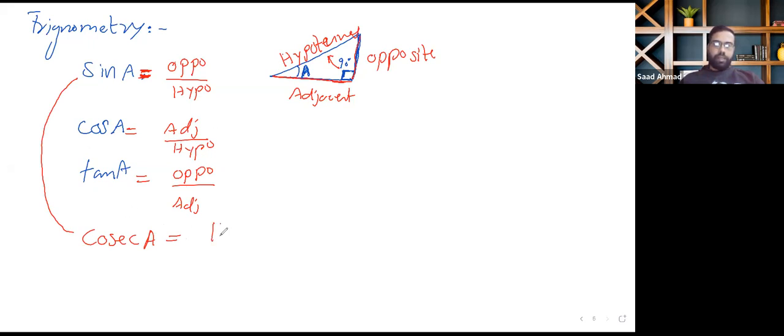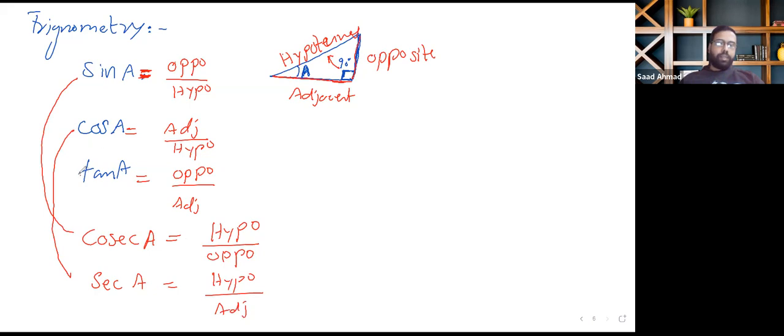So that is hypotenuse over opposite. Then for cos, it's called secant, the reciprocal of that. That's hypotenuse over adjacent. And then there is another one called cot. That's adjacent over opposite. Okay, so these are the six. Three are the basic, and the remaining three are just the opposite of them.